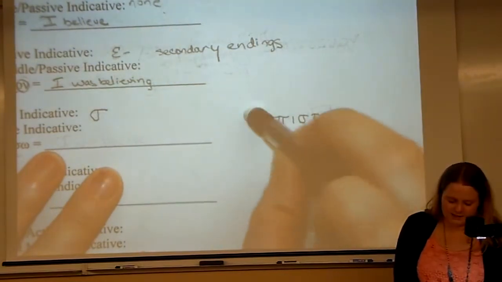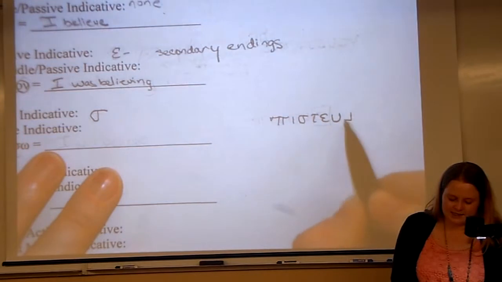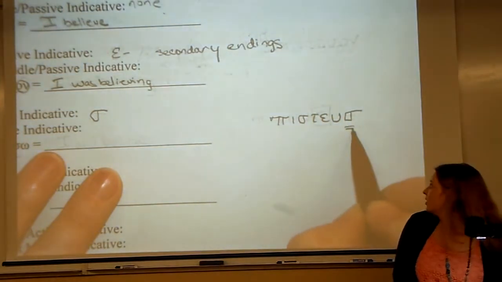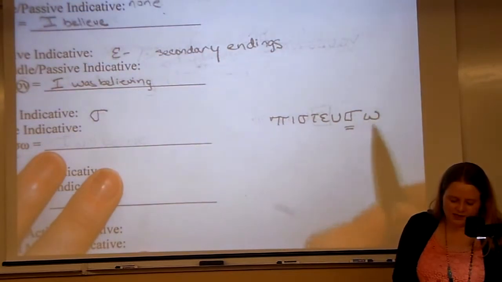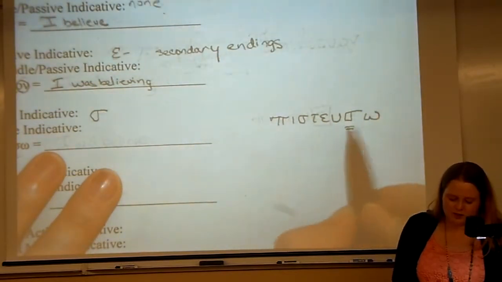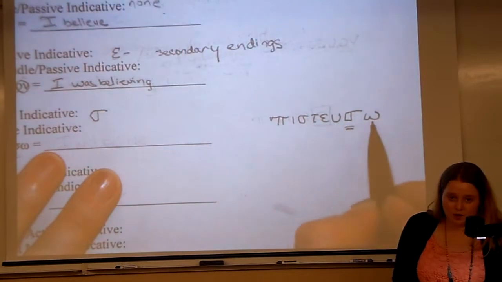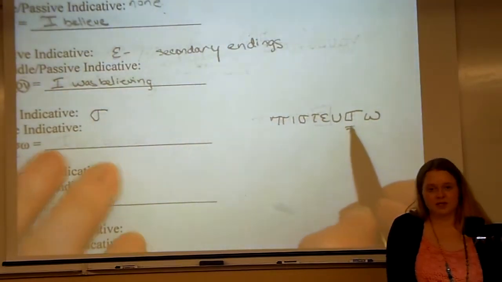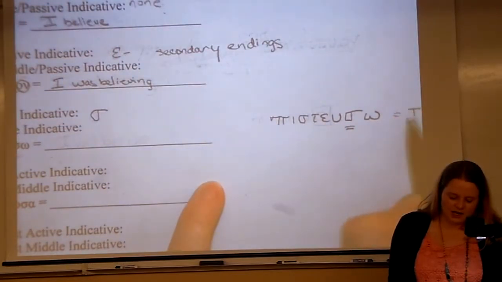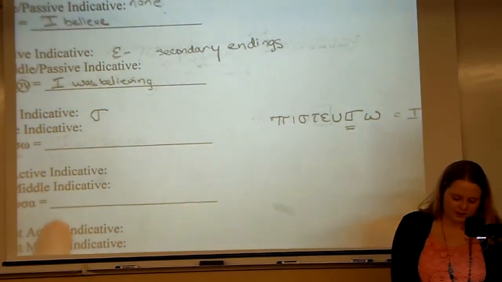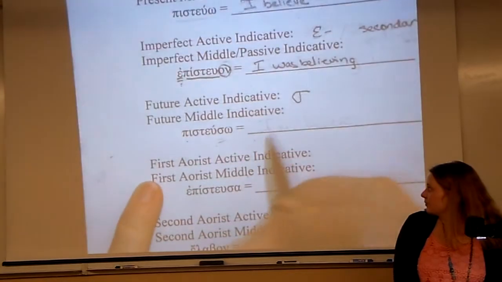That wouldn't make any sense. Instead, I add a sigma in the middle, and that's what indicates the future, and then I add those endings that I already knew. Pisteuso, and I'm mispronouncing it by putting the emphasis on this. Pisteuso is the future. I will believe.